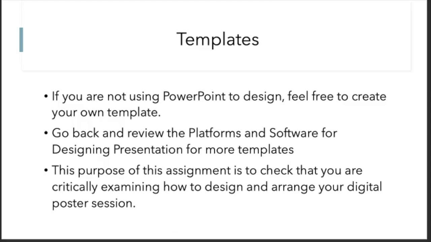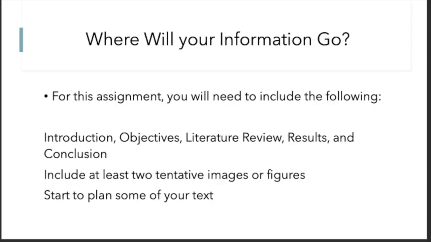The purpose of this assignment is to check that you are critically examining how to design and arrange your digital poster session. A big question is, where will your information go? We spent all this time on text. Now is actually time to put that into your digital poster session. For this assignment, I will be looking for the following: the introduction, objectives, literature review / methods, results, and discussion / conclusion.